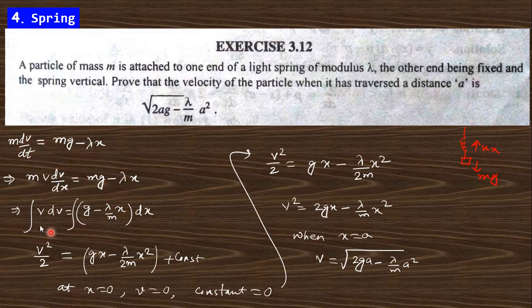Just integrate this, and you get v squared by 2 equals gx minus lambda x squared by 2m plus constant. Put the initial condition that at x equal to 0, v equals 0, then the constant is 0. So you get this answer, and when you put x equal to a, having traversed a distance a, you will get this answer. Okay, so I think it is clear.